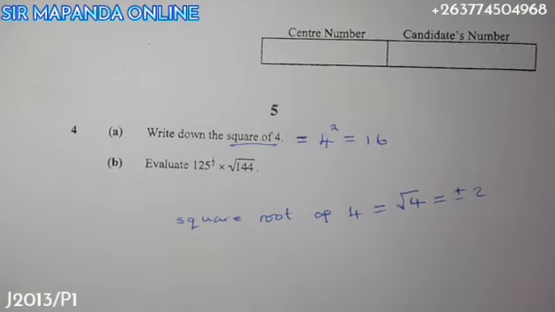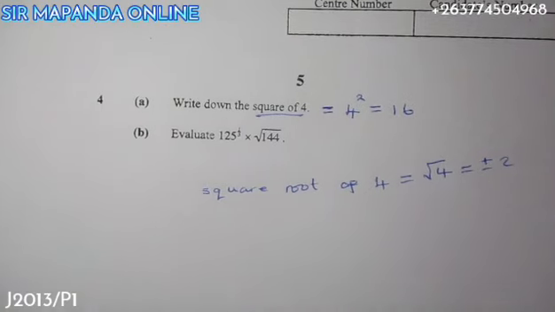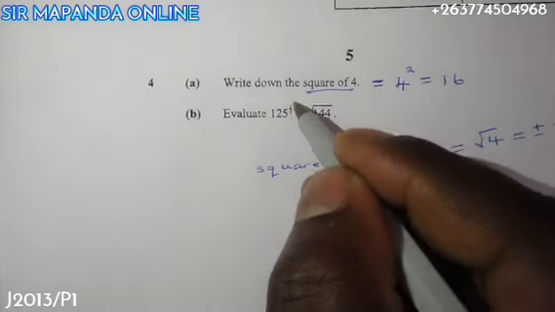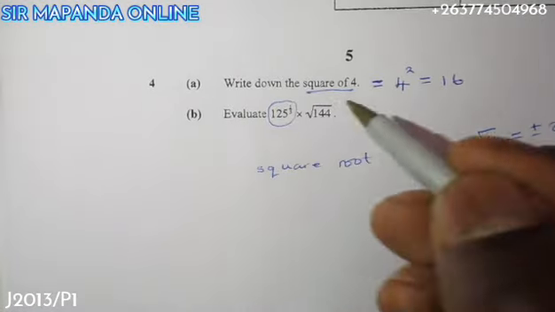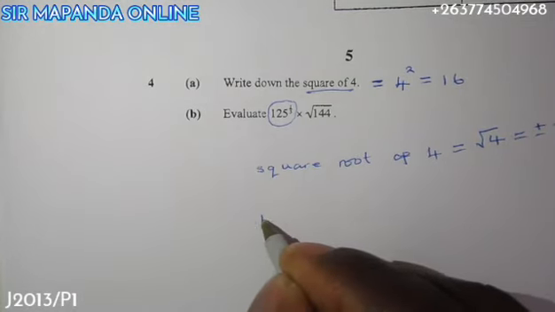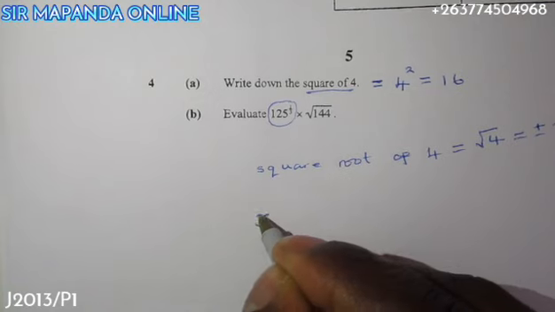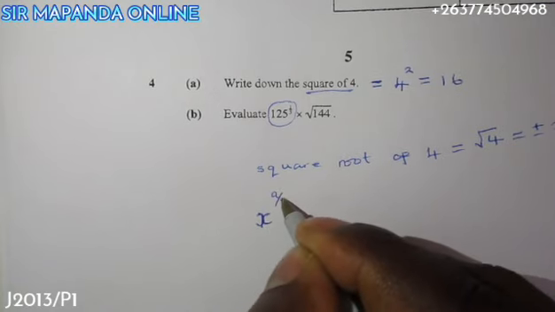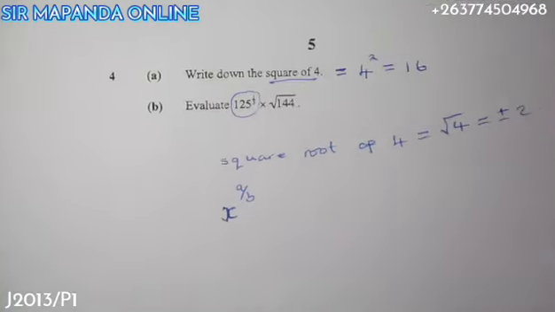Evaluate 125 to the power of 1/3 times square root of 144. So on this one, I'm going to simplify 125 to the power of 1/3 first. So I'm going to make use of the law of indices, the fractional law of indices.